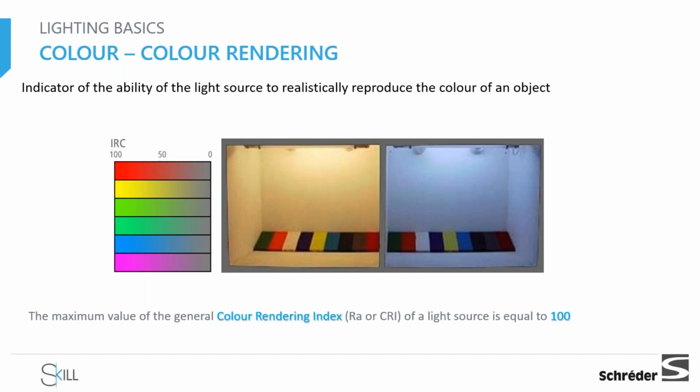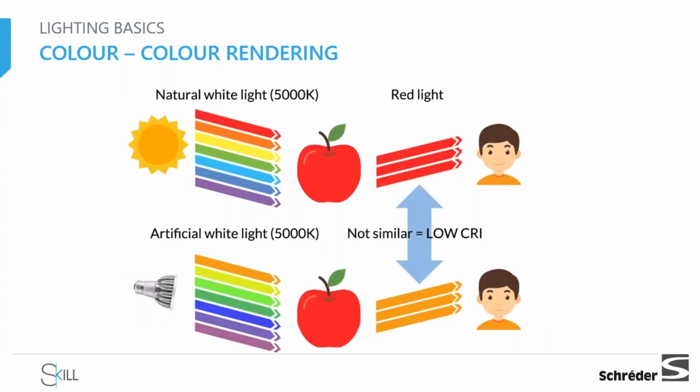So how is this happening? If you look at this graph, for this apple, if you take it outside under the natural white light from the sun, the natural light has all the components of the rainbow, all the wavelengths in the visible spectrum. So all the light will fall on the apple. As the apple is red, it will absorb all other colors and reflect its own color.